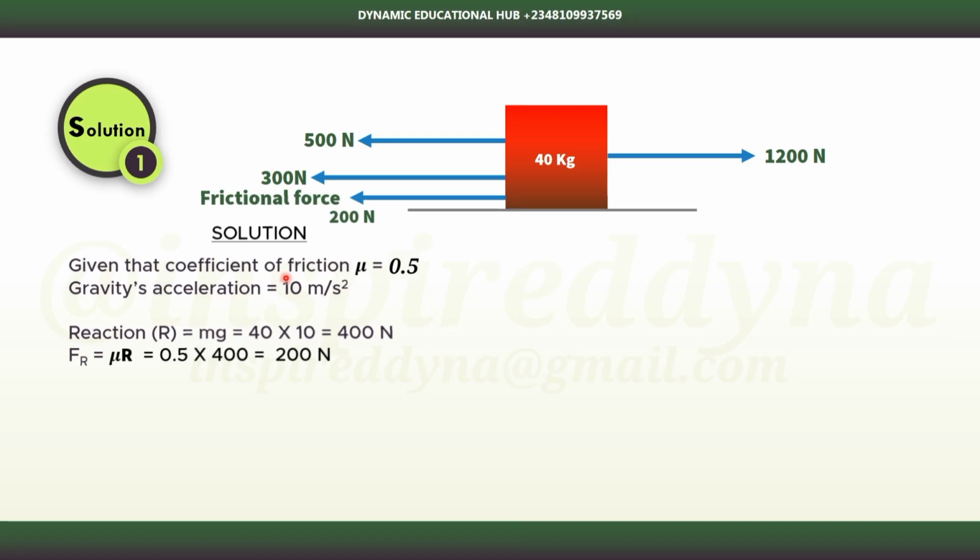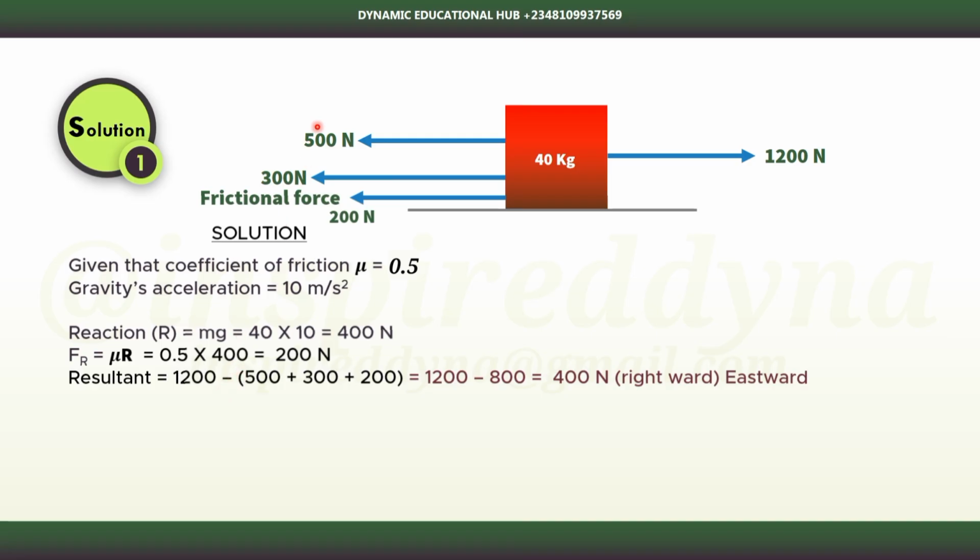So let's find the resultant. Now the resultant is going to be 1200 minus the total sum of these 3 forces acting in the opposite direction. Look at your diagram, opposite direction, then you subtract. So we have 1200 minus 500 plus 300 plus 200.